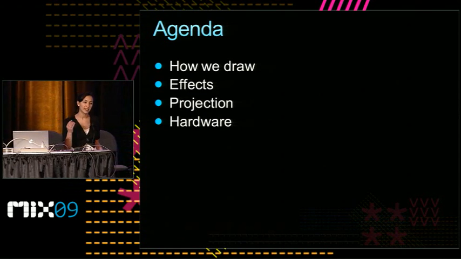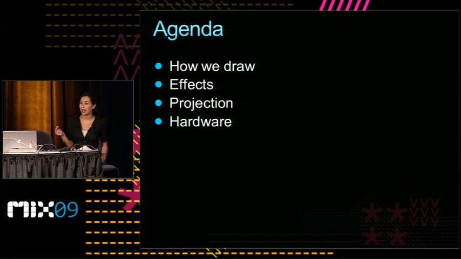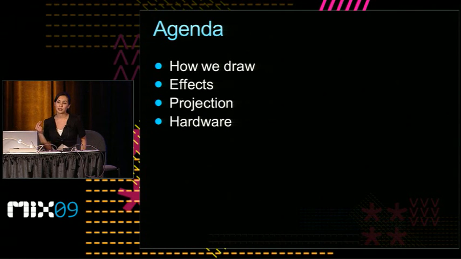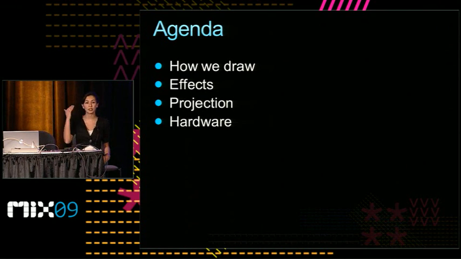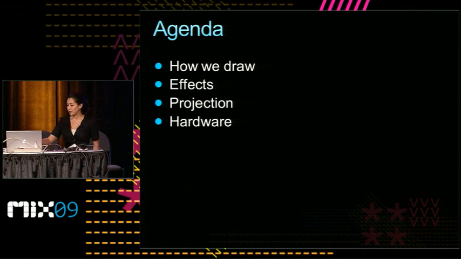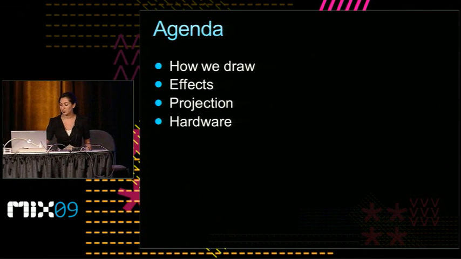It's important to understand exactly what's going on in the pipeline behind the scenes. The second one is we added effects, also known as pixel shaders, to Silverlight. The third one is projection, the 2D to 2.5D, a simple way of actually enhancing your application with 3D concepts. And then we started to harness the GPU to enhance the performance of Silverlight.